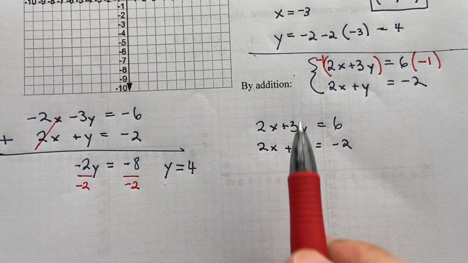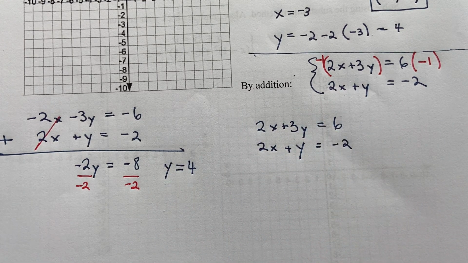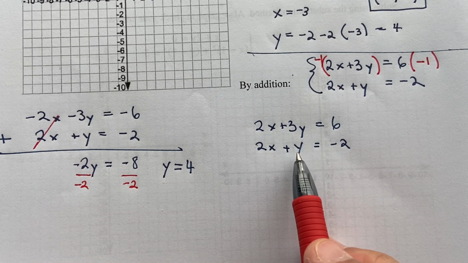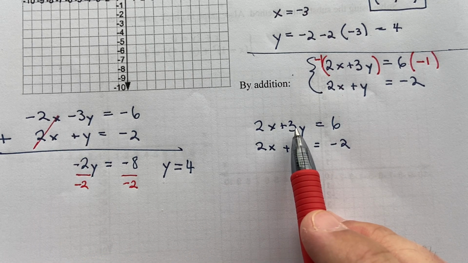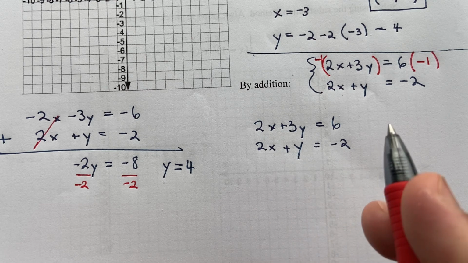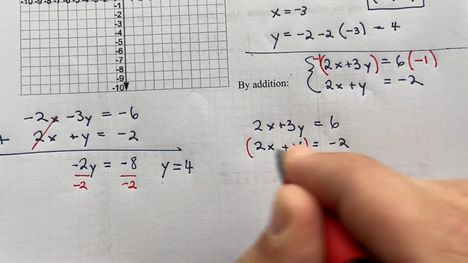Okay, so the same techniques that we're using here for the lines, you're going to be using for the nonlinear cases. So to eliminate the y's, well, I have a 3 above, I have a 1 below, so I'll multiply this one by -3.